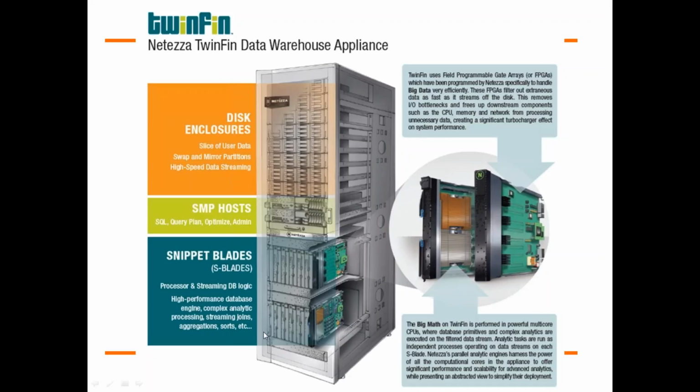Once that is done, this box becomes empty. So Netezza changed its architecture in such a way that instead of keeping 12 blade servers, they are now keeping only 7 blade servers, and they are filling up this space with even storage as well.